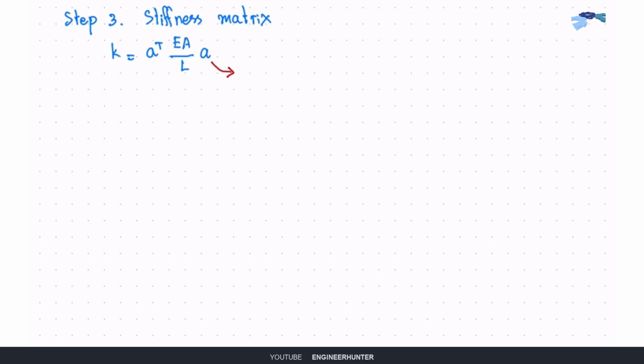A here is the transformation matrix. We need this transformation matrix because, for example, if we have a beam like this, we need to change the local coordinate to the global coordinate.